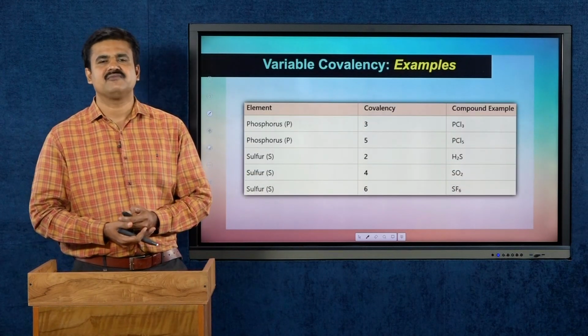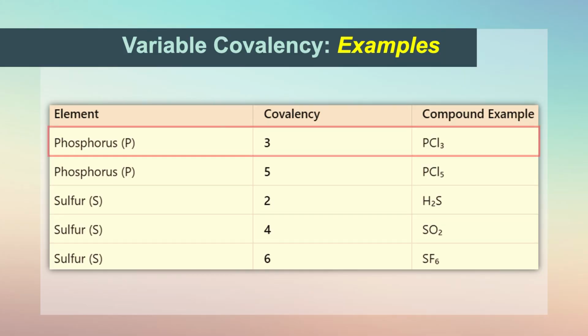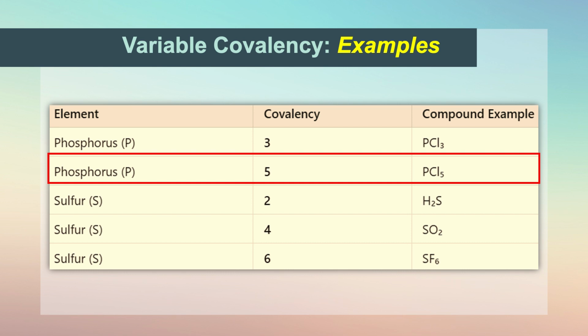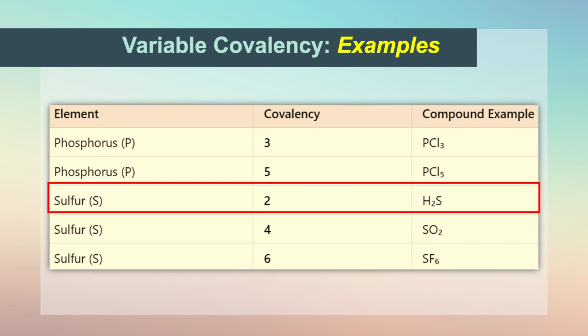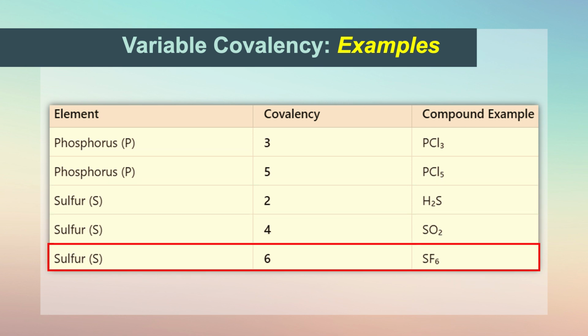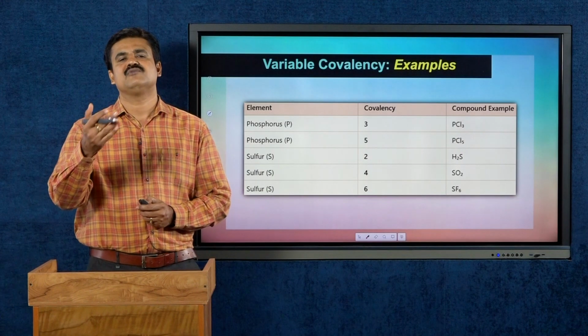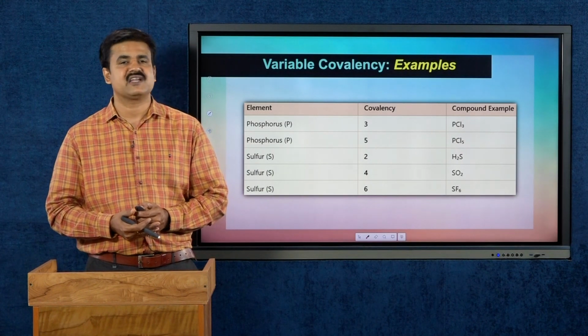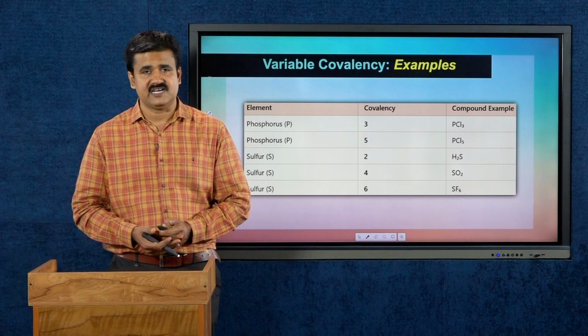These are some examples for variable covalency. Phosphorus can show covalency of 3 in PCl3, covalency of 5 in PCl5. Sulfur can exhibit a covalency of 2 in H2S, covalency of 4 in SO2, and covalency of 6 in SF6. So, phosphorus and sulfur are nice examples for elements that exhibit variable covalency.